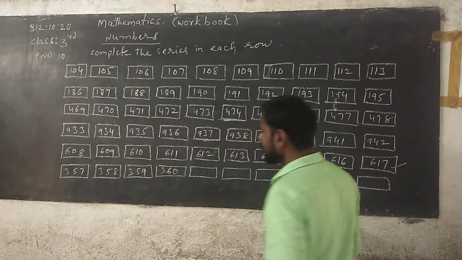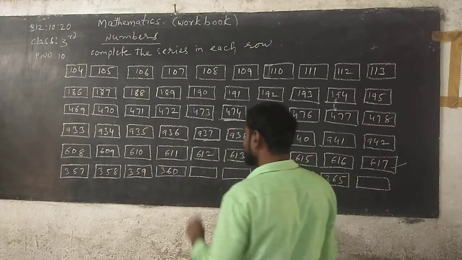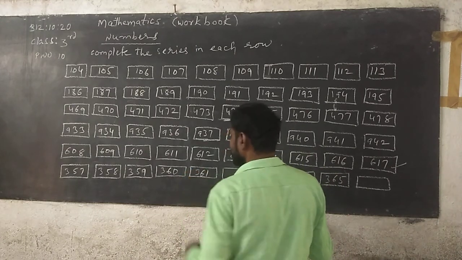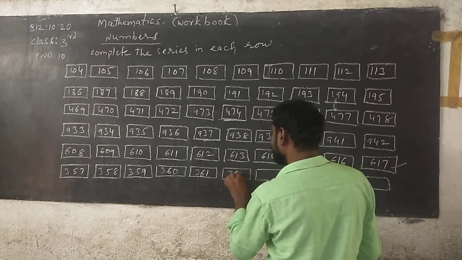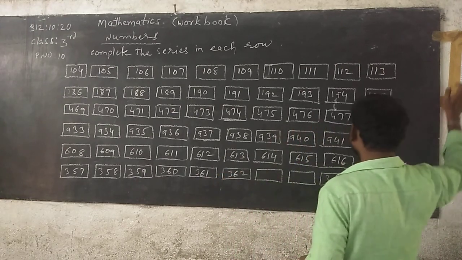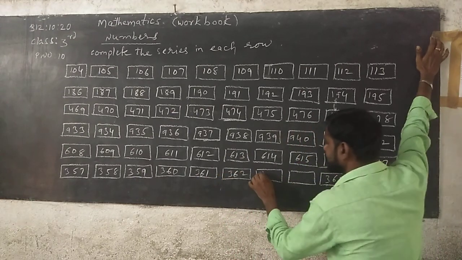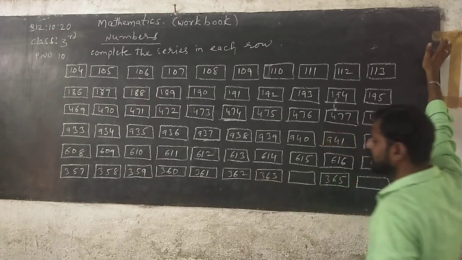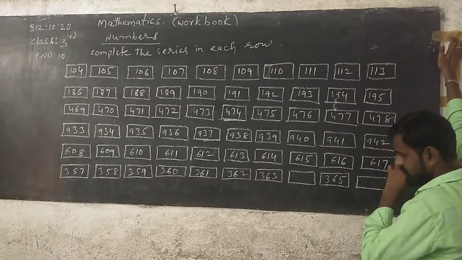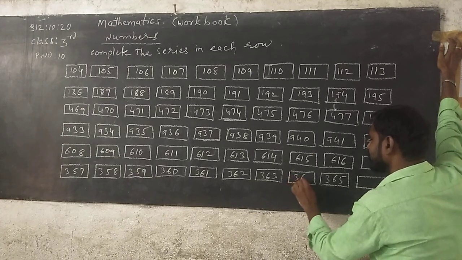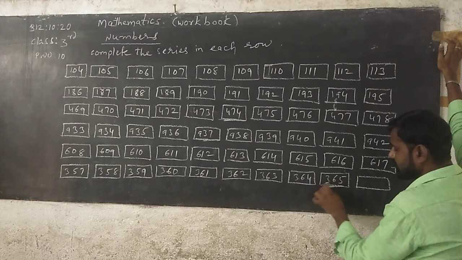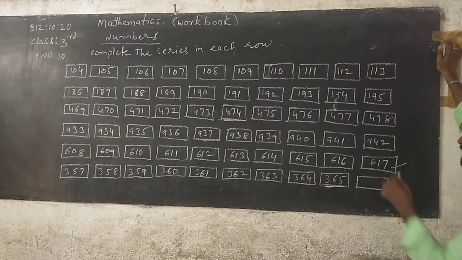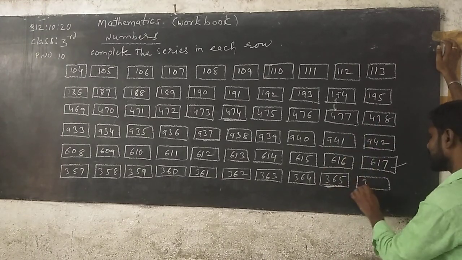Next, 360 after number is 361. 361 after 362. 362 after number is 363. 363 after number is 364. 364 after 365, already given in the box. Next 365 after 366.